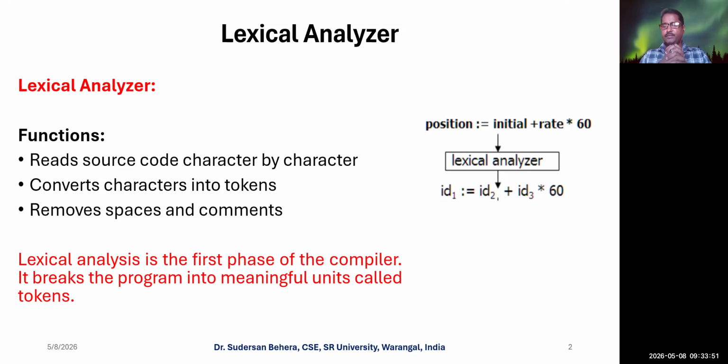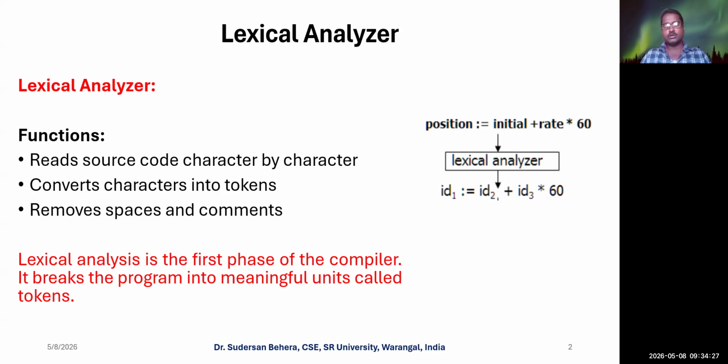Rather, it reads the source code character by character. And upon finding a sequence of characters together, that is called a lexeme or word. Upon finding a word, it tries to identify what type of word it is, the class of that word. That process is called tokenization. So the major function of the lexical analyzer is tokenization.